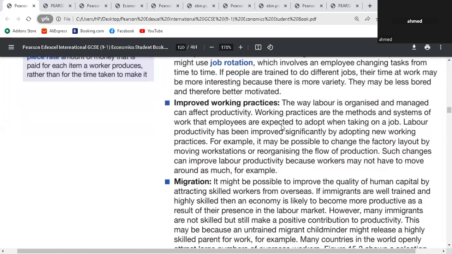Improved working practices. Your working system. How do you treat employees? What kind of production method do you use? This can also have an impact on labor productivity. So whatever production method you use, make it the one that is suitable, that is comfortable for your workers.